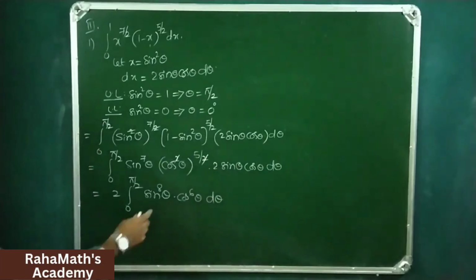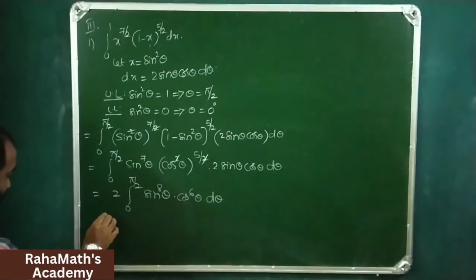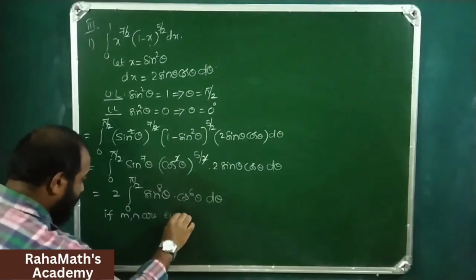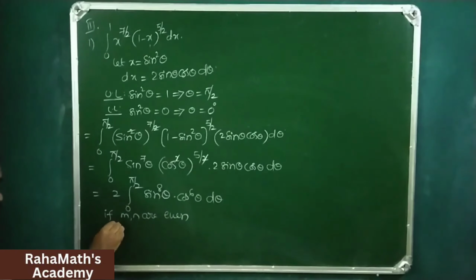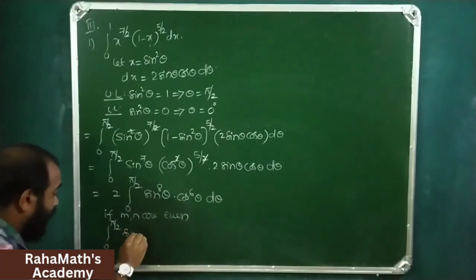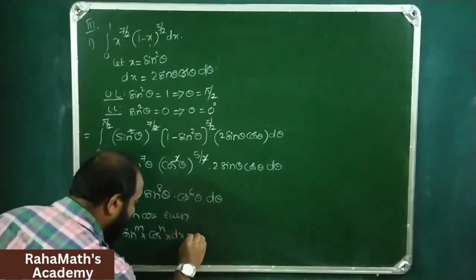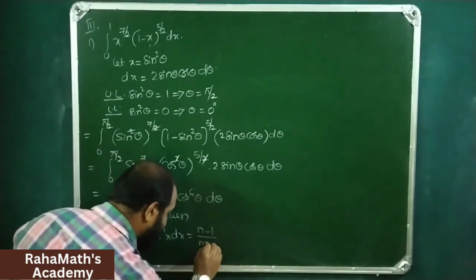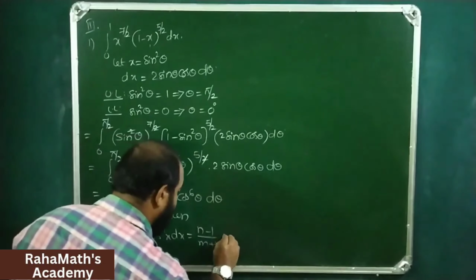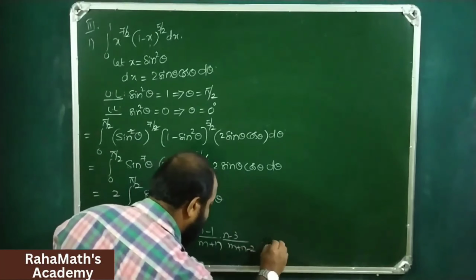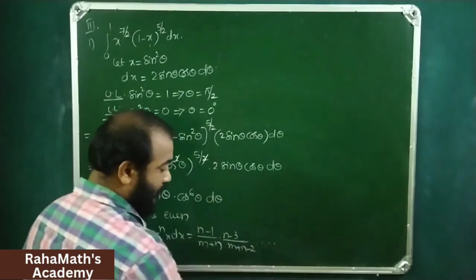Now here, if m, n are even, integral 0 to pi by 2 sine power mx into cos power nx dx is equal to (n minus 1) by (m plus n), into (n minus 3) by (m plus n minus 2), etc. This is the first part.